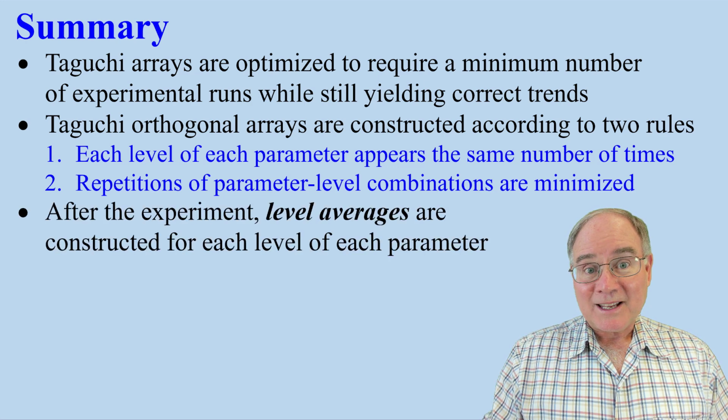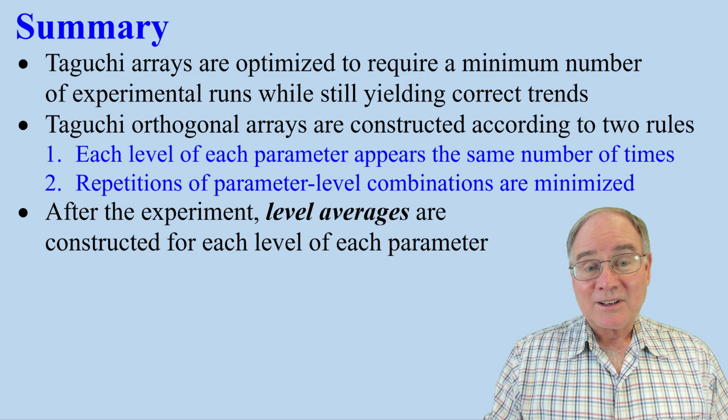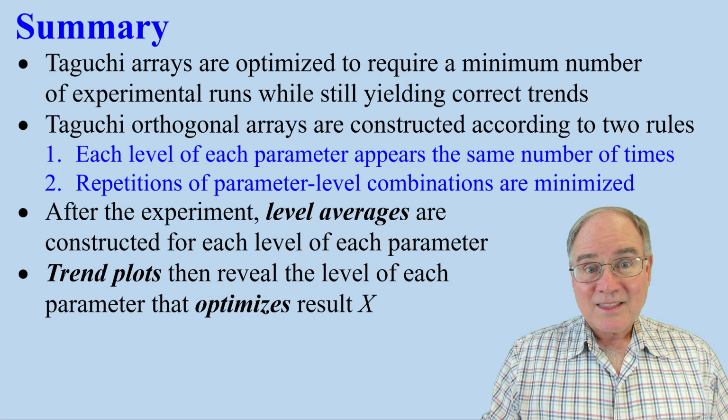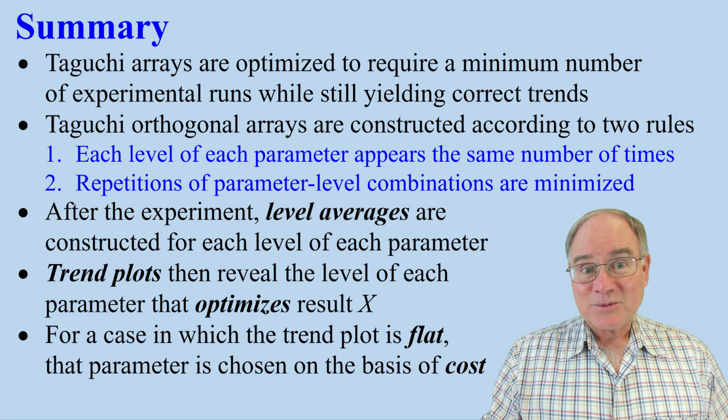After the experiment, level averages are constructed for each level of each parameter. Trend plots then reveal the level of each parameter that optimizes x. We typically do maximum, but you can do the same thing with minimum x. For a case in which the trend plot is flat, we choose that parameter on the basis of cost.